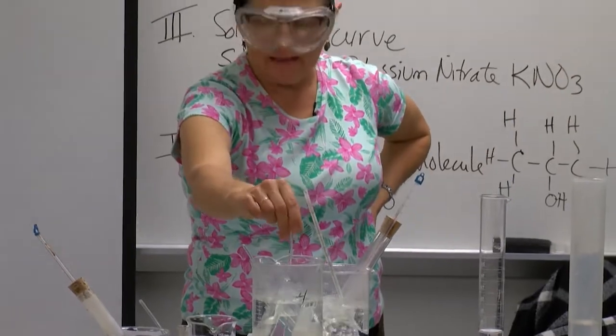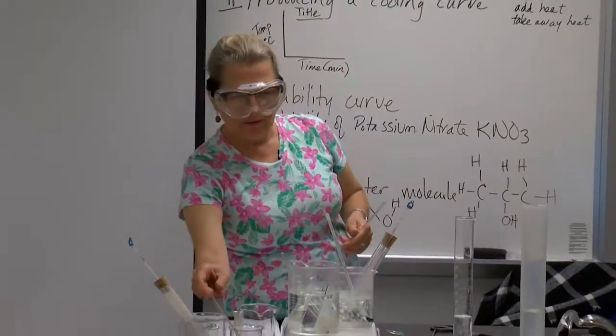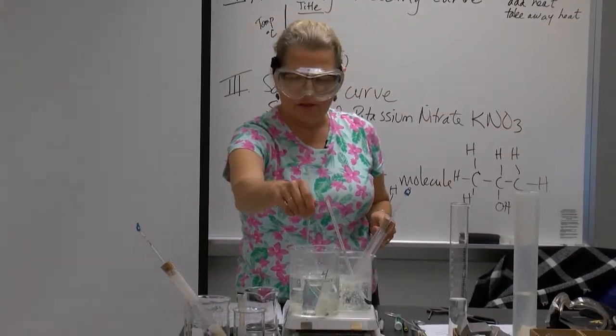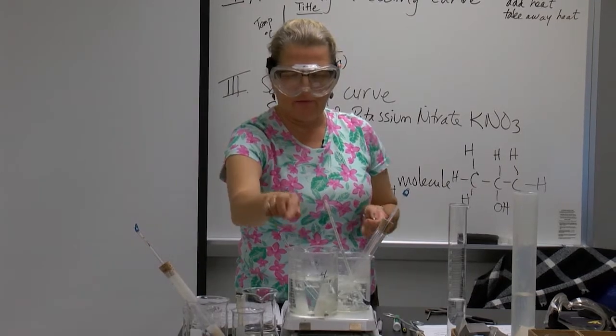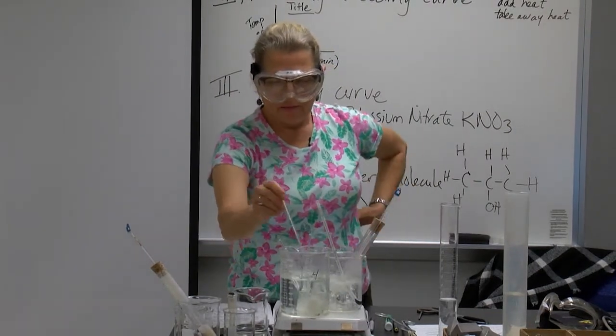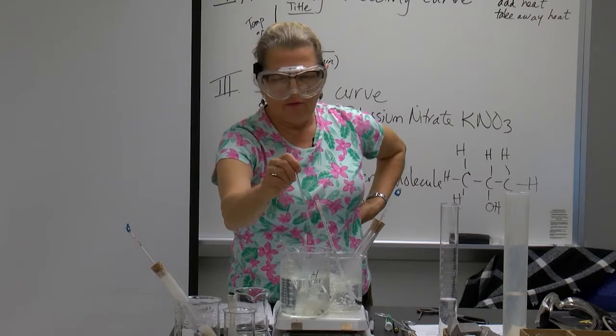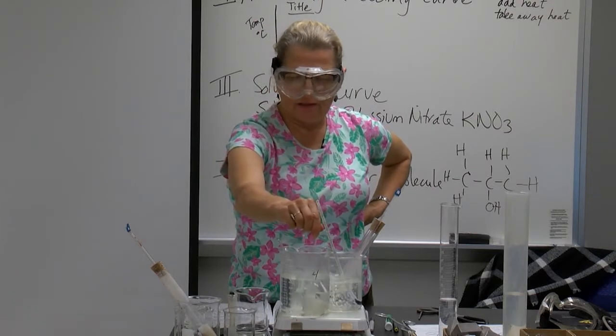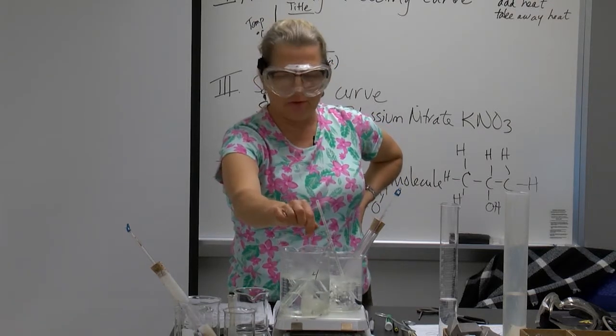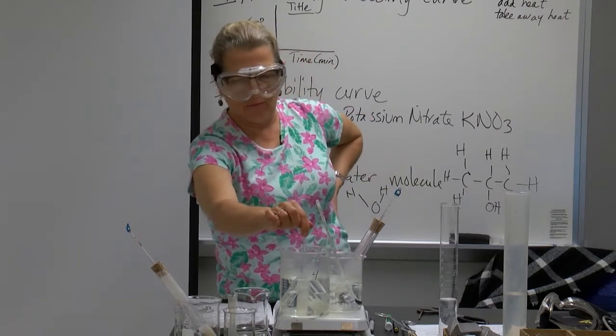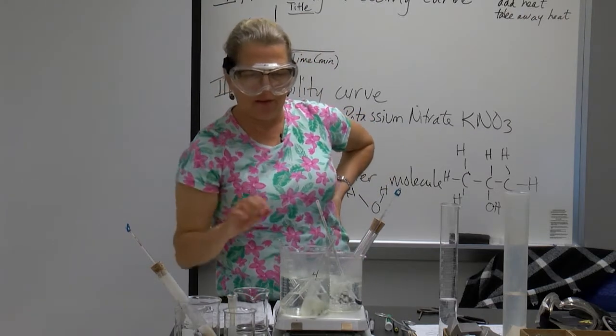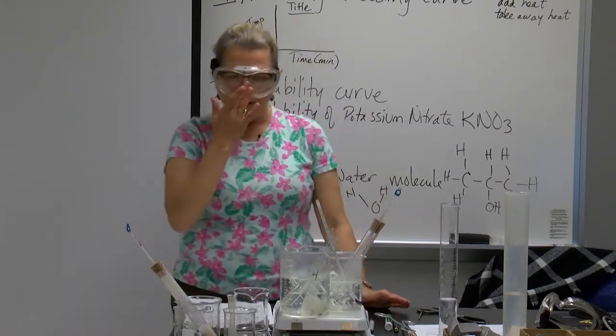The 3.5 is stirred up. I'm going to stir a little bit in the 5.5. And the 15-gram one is going to take a lot of stirring. Quite often in lab, students will break a test tube when they're trying to stir that 20 mil one because it just takes so much stirring.